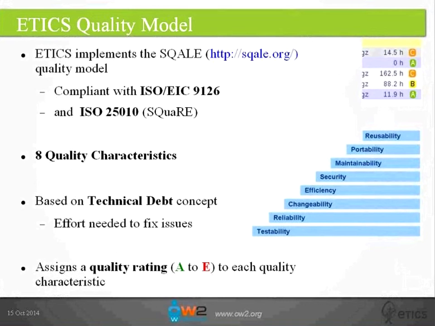Because of course, a technical debt of 1 hour or 1,100 hours, let's say, on a component of 3 files, is different from 100 hours in a component of 1,000 files, of course.